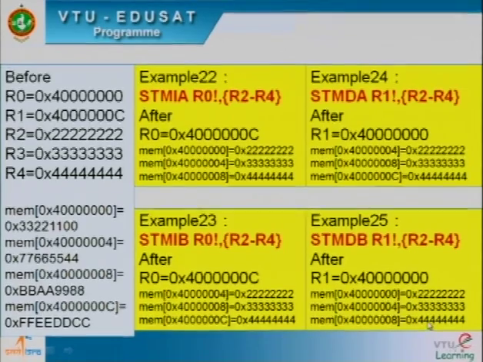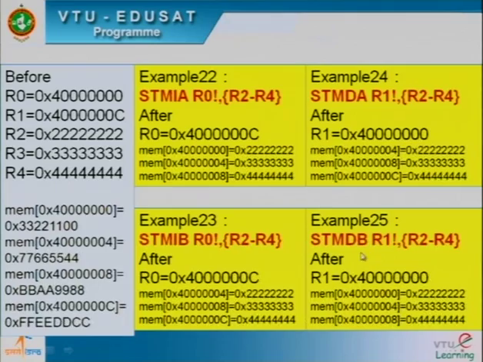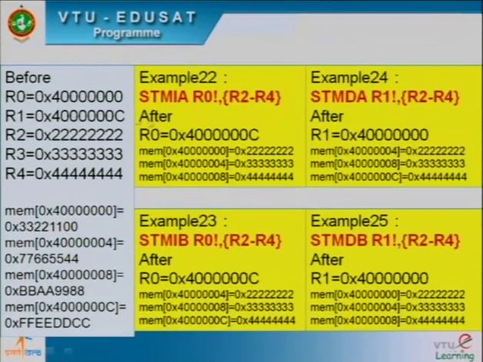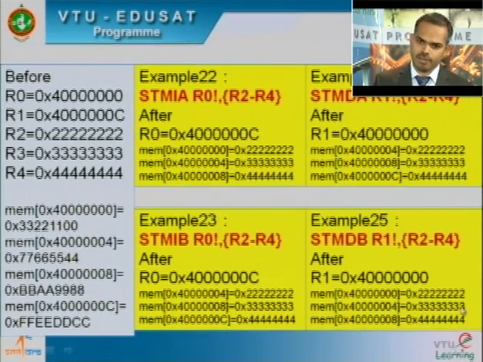If you check what is happening here, the R1 value, 0x4 followed by 6 zeros and C, decrements before, and that becomes 08. For that location, the R4 value will get copied. Then it decrements, and the R3 value will get copied.